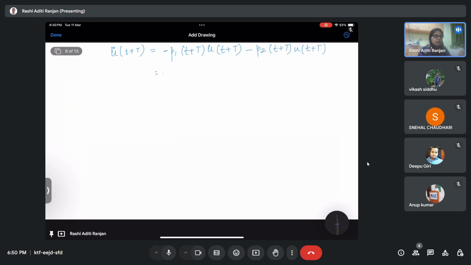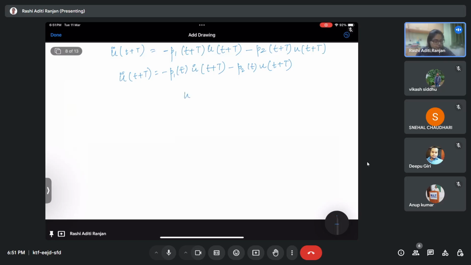We can replace this like this. So what do we get to know? As we have studied in the basic concept of differential equations, if some value satisfies the differential equation, it means that value is a solution of that differential equation. Correct? So if my u(t plus T) is satisfying this equation of motion, it means that u(t plus T) is also a solution.